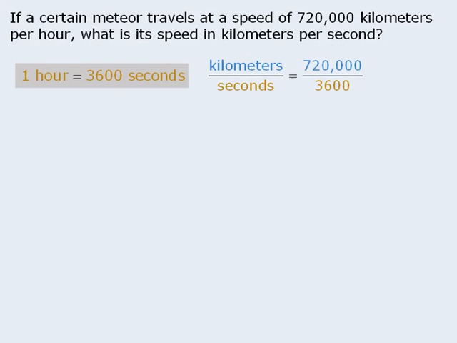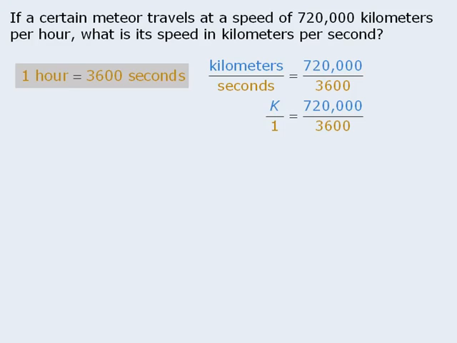Now our goal is to find the number of kilometers traveled in 1 second, so let's replace the number of seconds with 1. Since we don't know the number of kilometers traveled in 1 second, let's let k represent the number of kilometers traveled. Now this ratio, we are told, is equal to 720,000 to 3600. So we now have an equation we can solve for k.